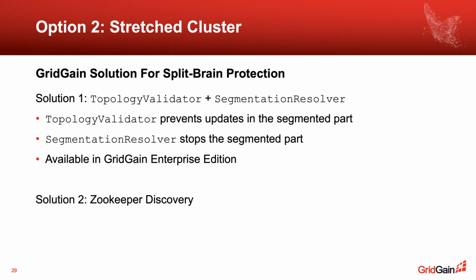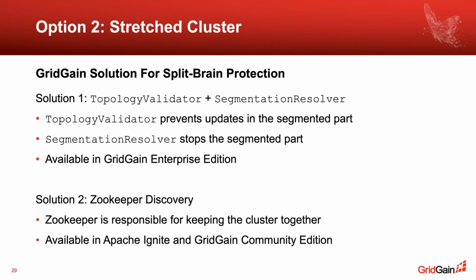Another solution that you may use is using Zookeeper. You may know that Apache Ignite has a Zookeeper discovery option, which means that the Apache Ignite cluster will use Zookeeper discovery for keeping the cluster together and maintaining the connectivity.